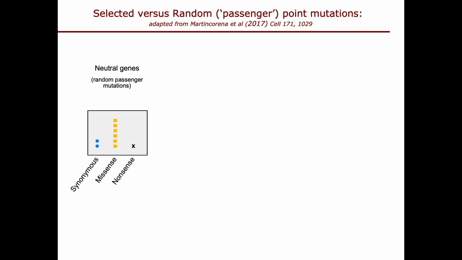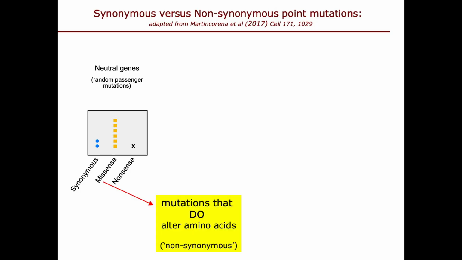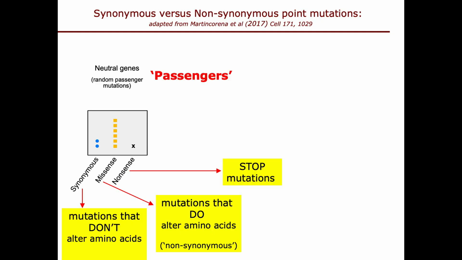If we look at this diagram from a very important paper by Martincorena et al. from 2017, this diagram summarizes how we do this. A typical gene which has no role in the process of cancer development will have a series of random mutations in it, and the distribution of these mutations between mutations that cause amino acid change, no amino acid change, or actually stop in translation is predictable.